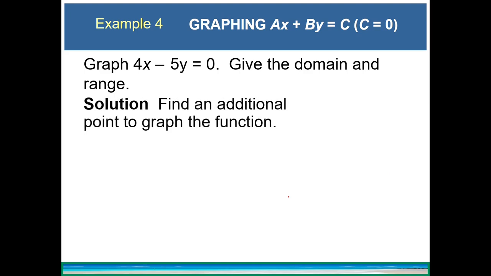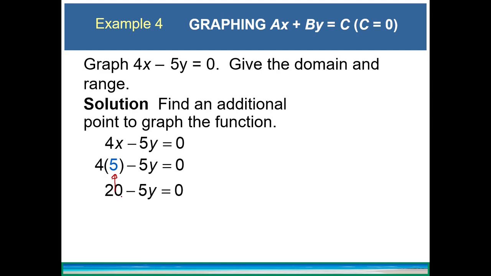In order to graph this, we have to find another point. So we're just going to pick randomly any point that we want. Here we're going to select 5 and plug it into x. 4 times 5 gives me 20. 20 minus 5y is equal to 0.